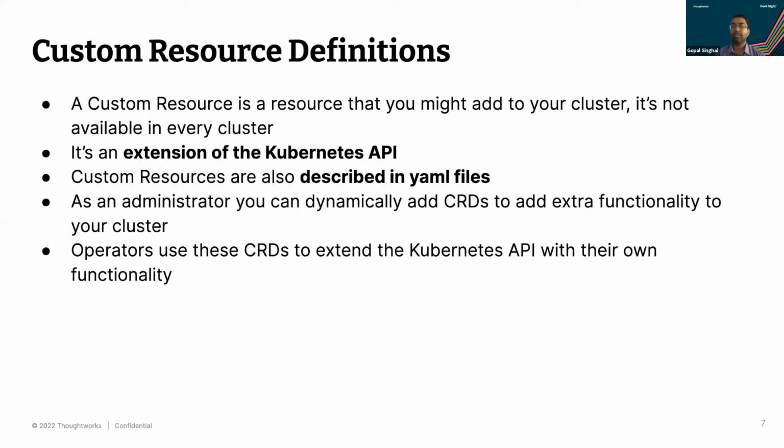We just saw some native Kubernetes objects like pods, deployments, replica sets. In the same way, we can have our own objects, whatever name we want to call them, for example Prometheus cluster or MySQL DB or PostgreSQL DB, and these CRDs let us extend the Kubernetes API to define our own objects.